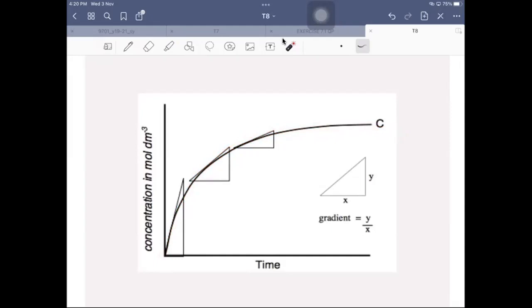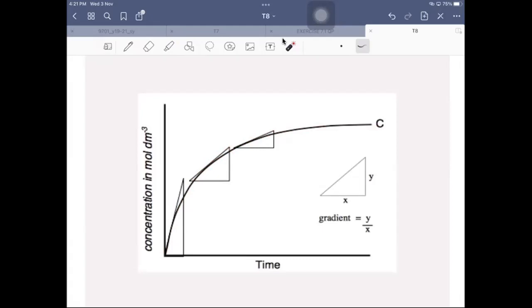Okay, now that's the concentration time graph. What can I do to prove my explanation just now, that at the start of the reaction the rate is really fast and then it slows down over time? I can use gradient, I can use calculation to prove that over time my rate is decreasing.